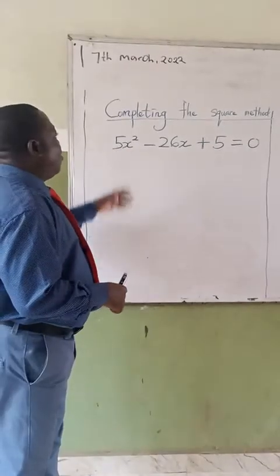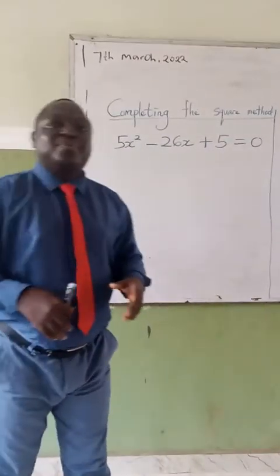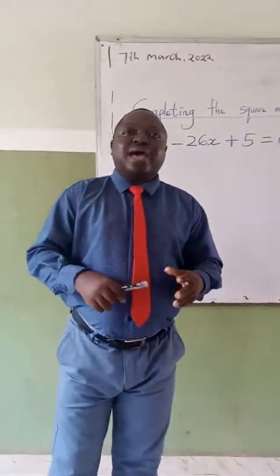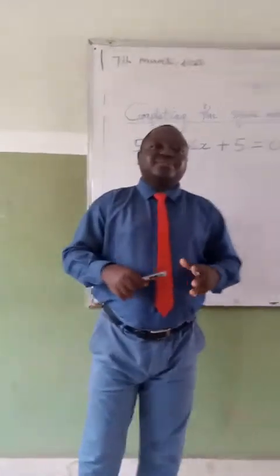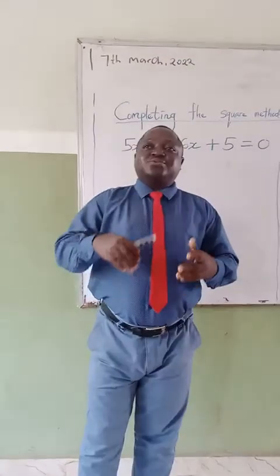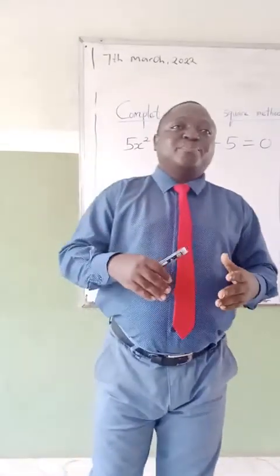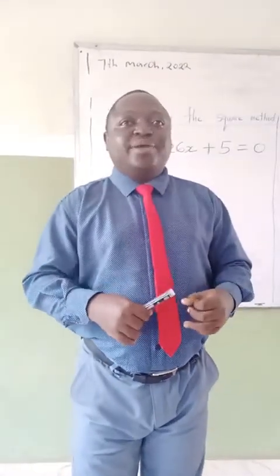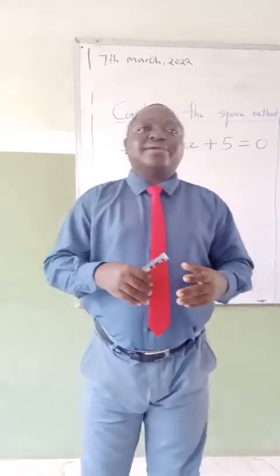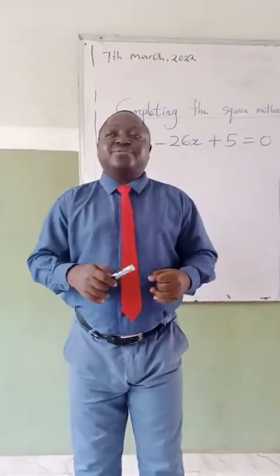Before I explain how to use the completing the square method, I want to introduce you to a principle that discusses how we can make an expression become a perfect square.